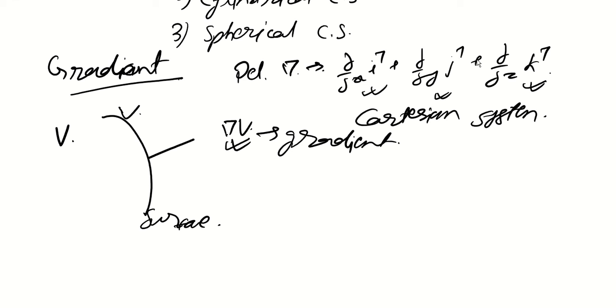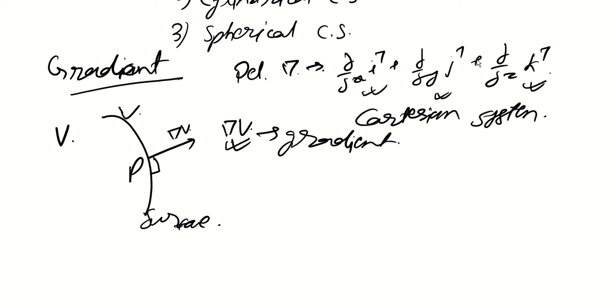Suppose at point P we want to find del v, so it will be giving us del v vector which will be perpendicular to this surface. So basically gradient represents the rate of change of any physical quantity. Suppose here it is v, so it is representing the rate of change of any physical quantity, and that rate of change is perpendicular to that particular surface. All right. So this is the definition of gradient.